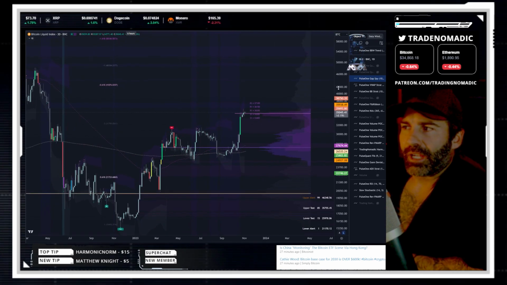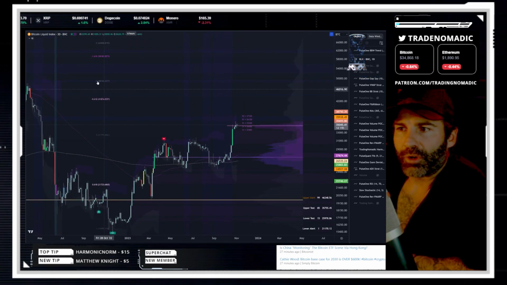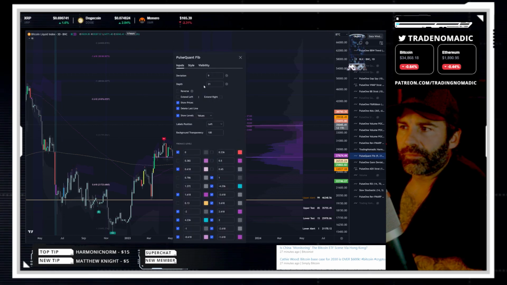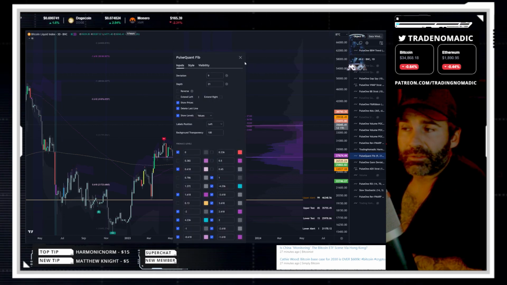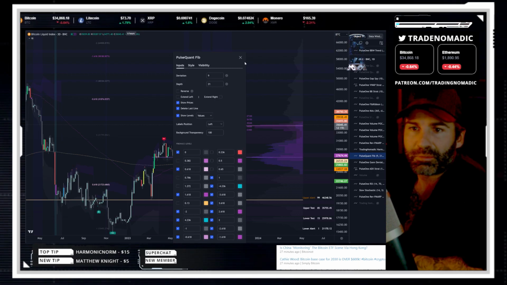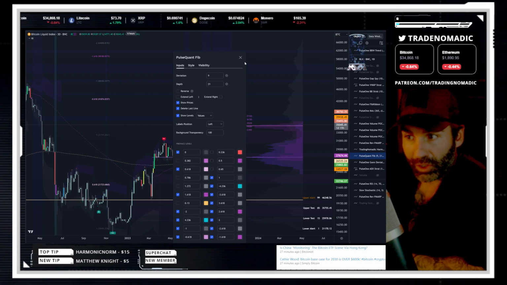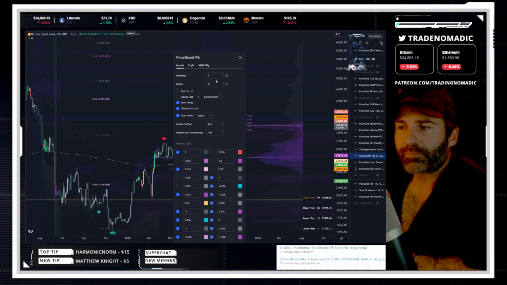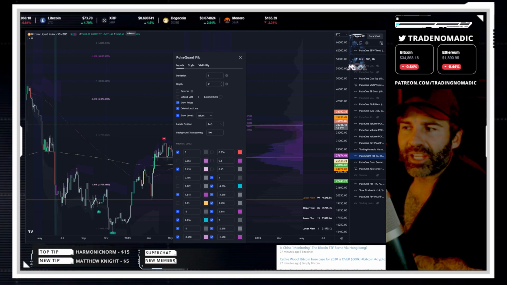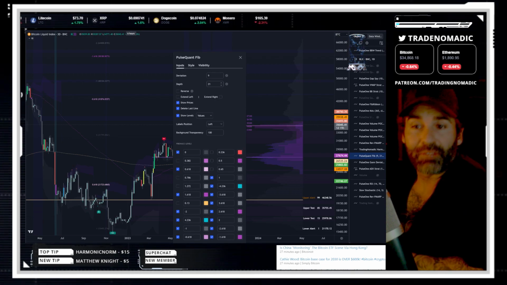I've also got these automatic fib levels. All these are our indicators in the Discord, customized specifically to look like this, to not be intrusive, to not make clutter, but still give you the information.